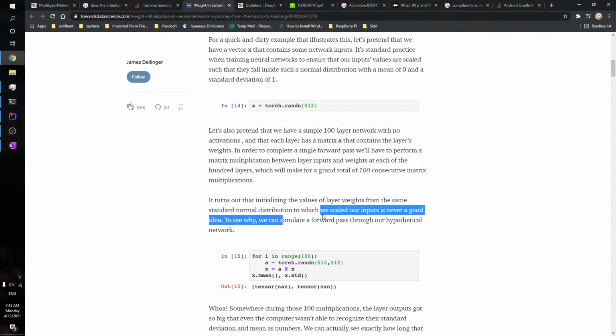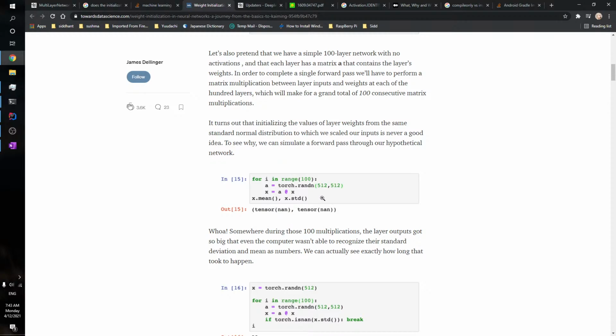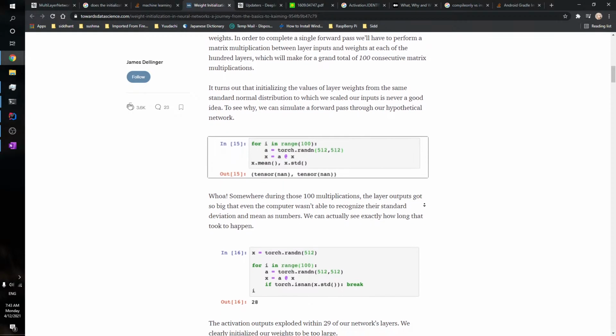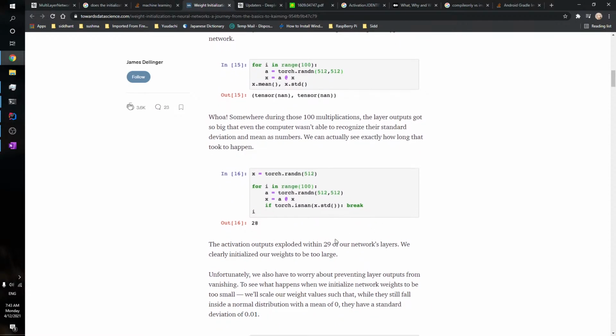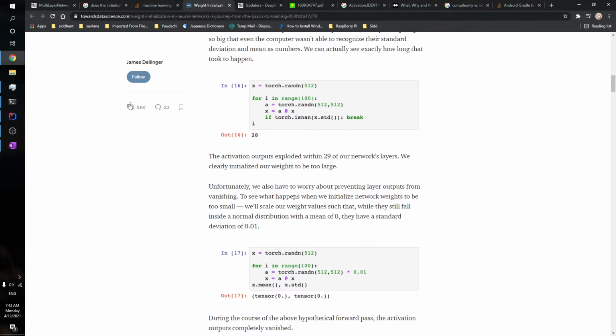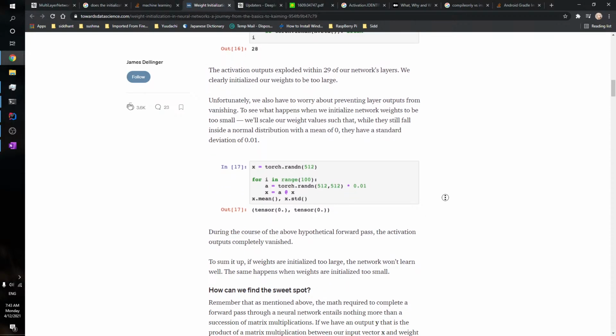We can simulate a forward pass through a hypothetical network. Okay. Oh, okay. Ah. Completely vanished.